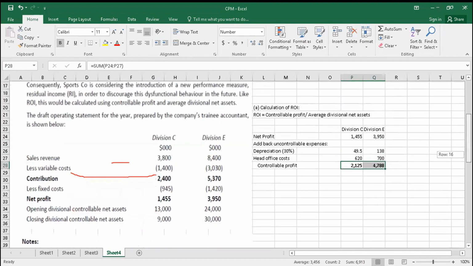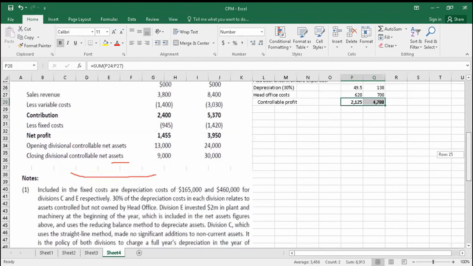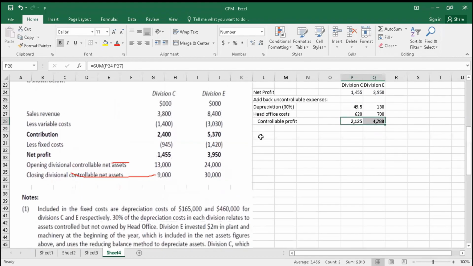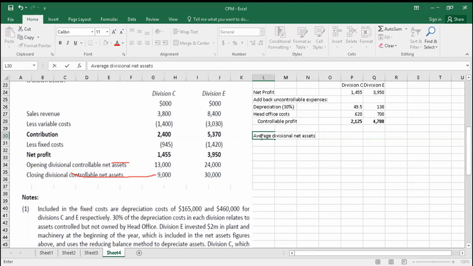That's the numerator. We need to know what the average divisional net asset is. Average divisional net asset, let's write it here. It is the average of two figures, which is 13,000 plus 9,000, divided by 2.